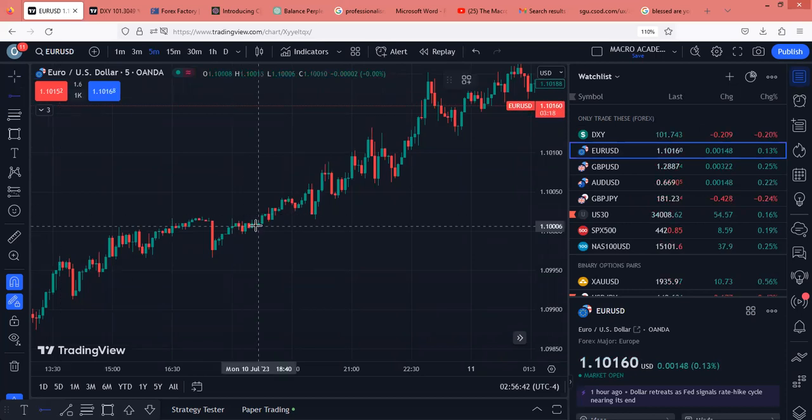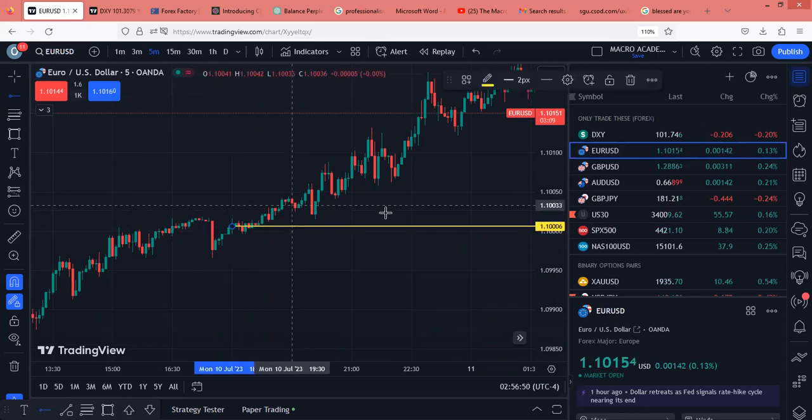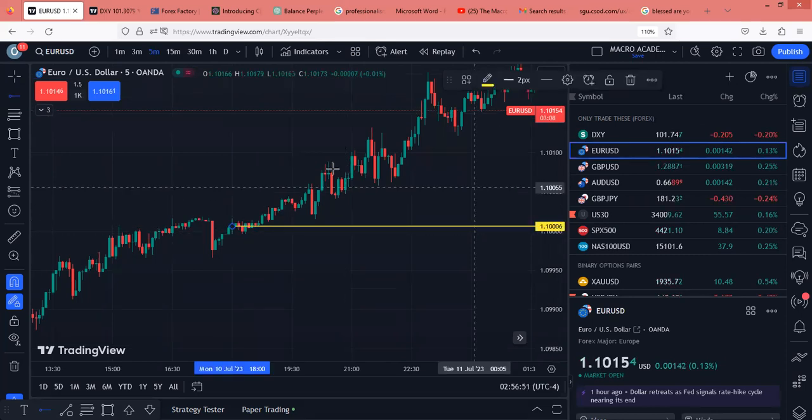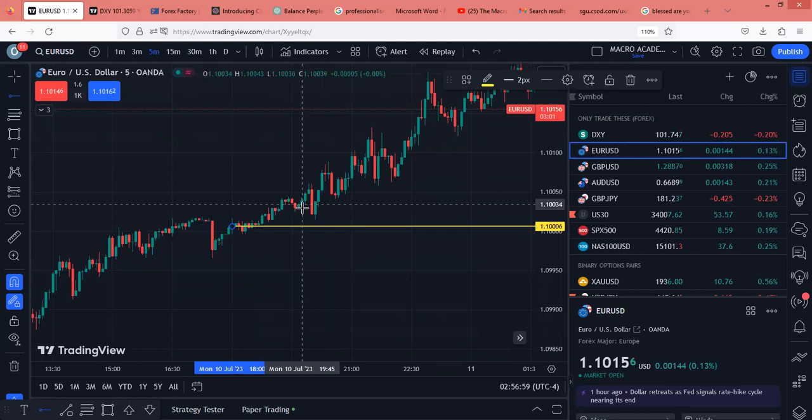Ignore the other candles you see after price action. So this is the 18 o'clock close, right? Just over above there. And then the 7:45 p.m. open, that should be here.